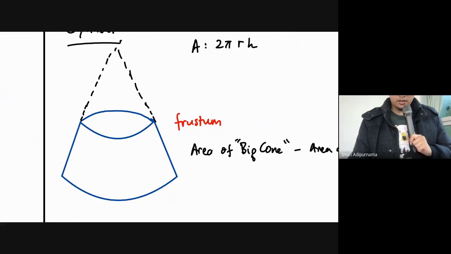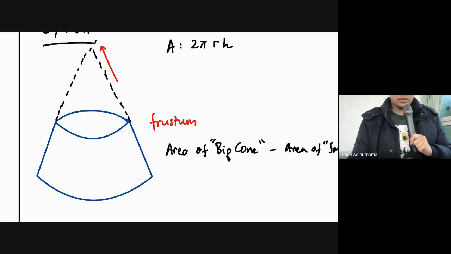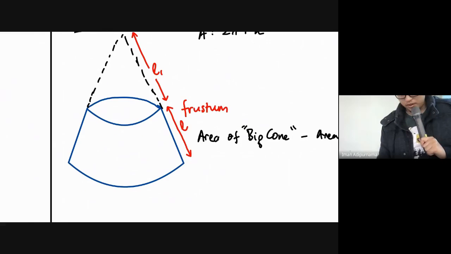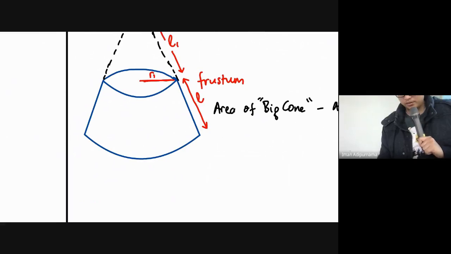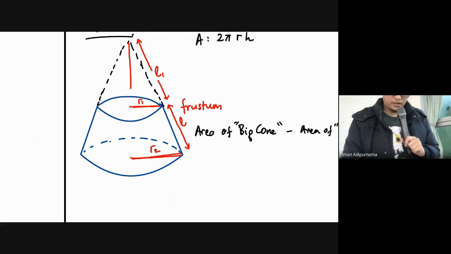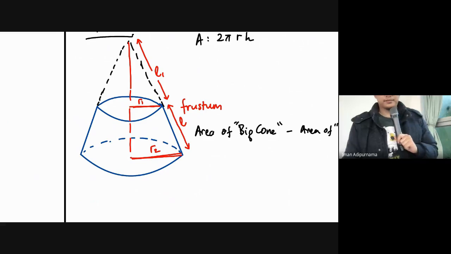Let's say this is L1 and the bottom one here is just L. This part is R1, it's a circle, and this part is R2. And we have this height.